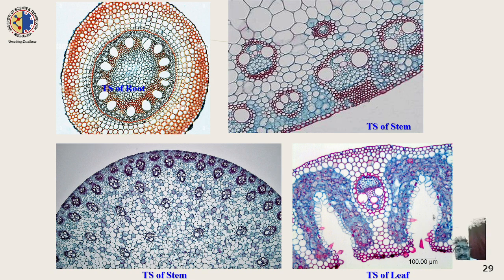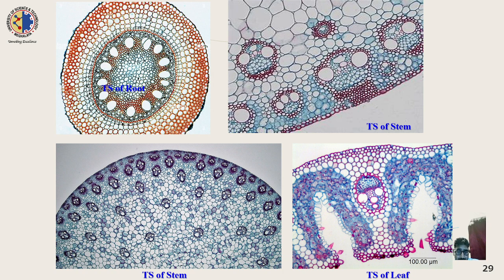But here in the TS of stem of the Poaceae family, the phloem parenchyma is completely absent. So if we compare the TS of root and the TS of stem, in the root the pith is well developed, but in the stem the pith is totally absent.